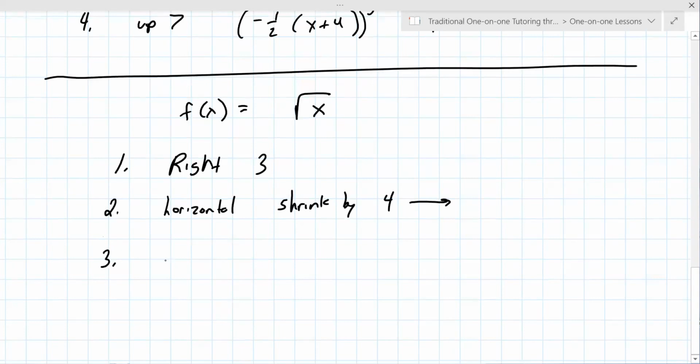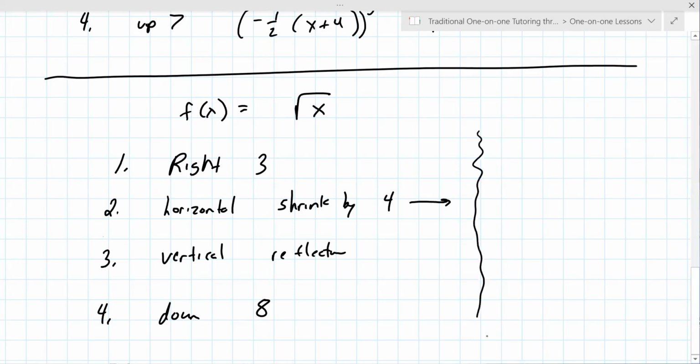And then this time we'll do a vertical reflection. And then we'll go down 8. Okay. So see if you can do that one at a time. I guess we can actually do it right over here, each of these. This is 1/4 here. We can show each of them.